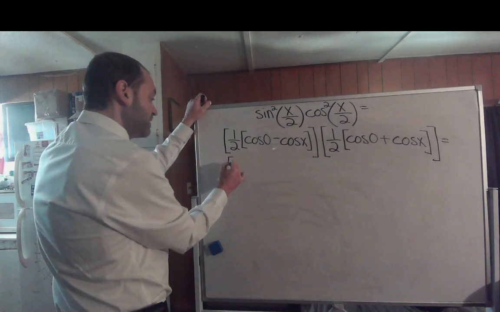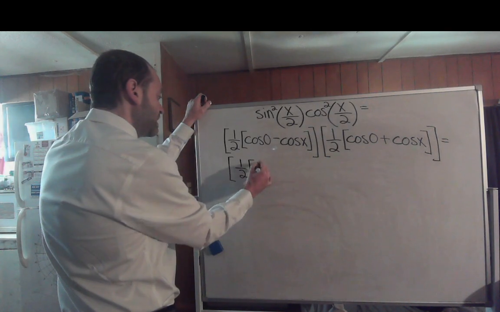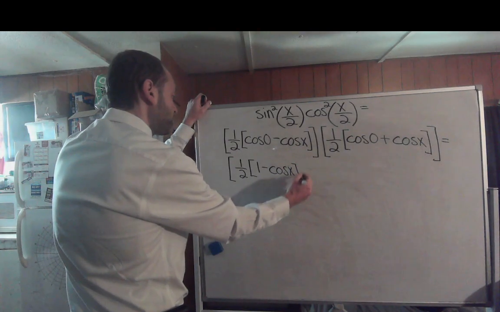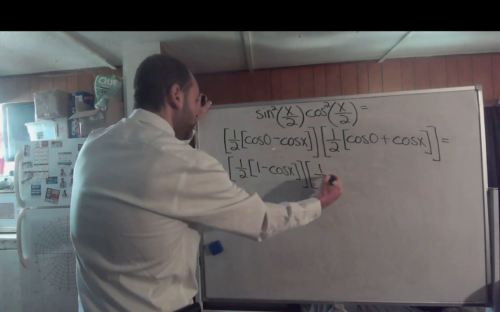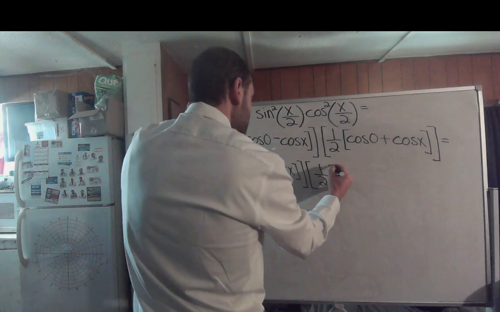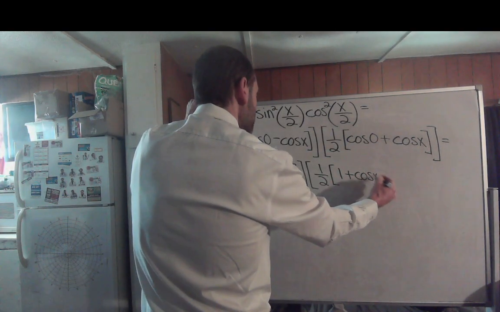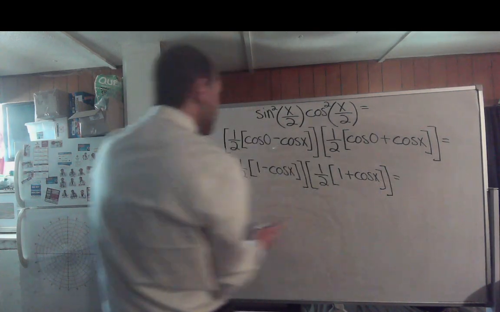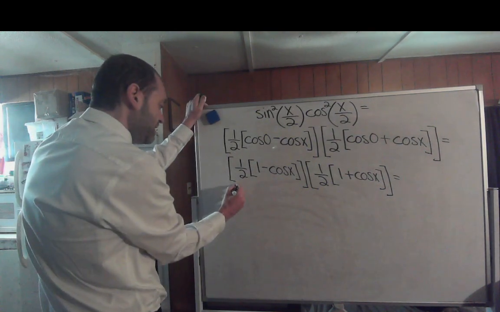This would simplify into the quantity of 1/2 times 1 minus the cosine of x times the quantity of 1/2 times 1 plus the cosine of x. Well, before we FOIL or do anything like that, let's distribute the 1/2 in each of these.